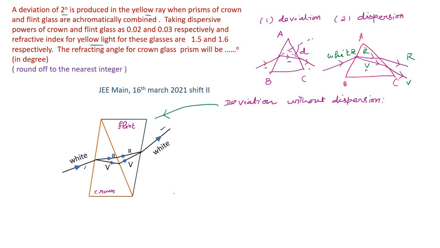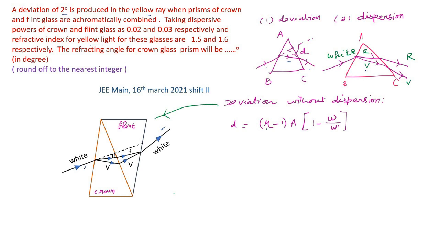I give you the direct formula to do this problem in terms of the net deviation: D equals (mu minus 1) A into (1 minus omega by omega prime). The primed symbols are for the second prism, omega prime for flint glass. Unprimed symbols are for crown glass. A is the refracting angle of the crown glass prism.